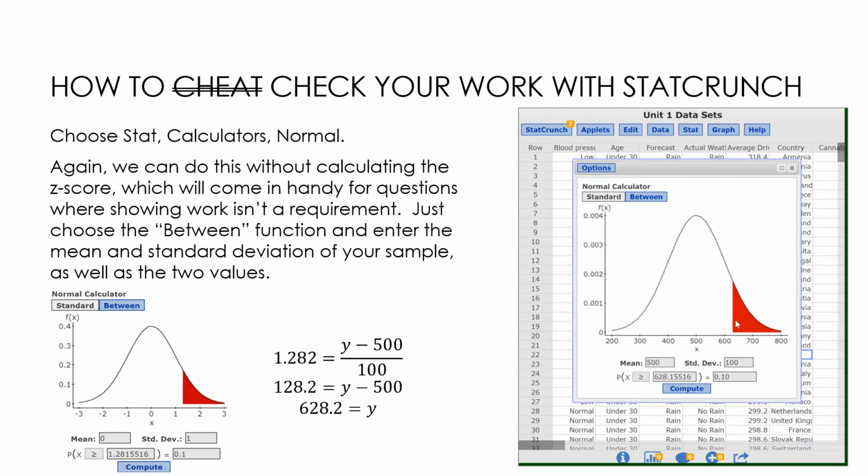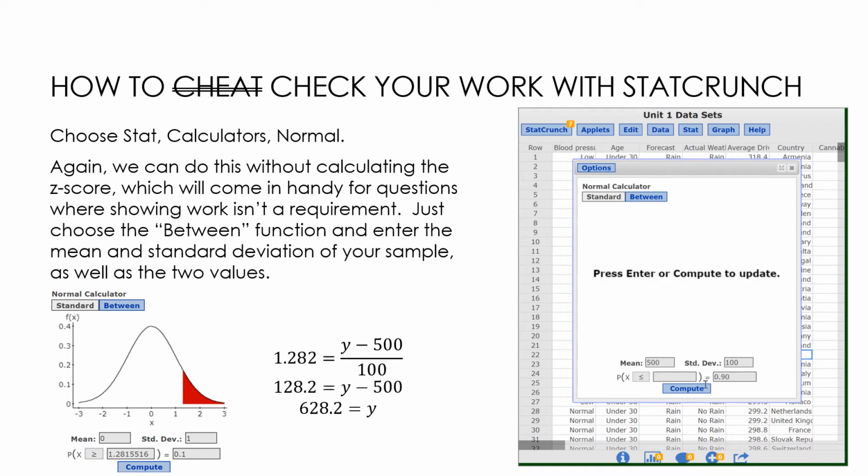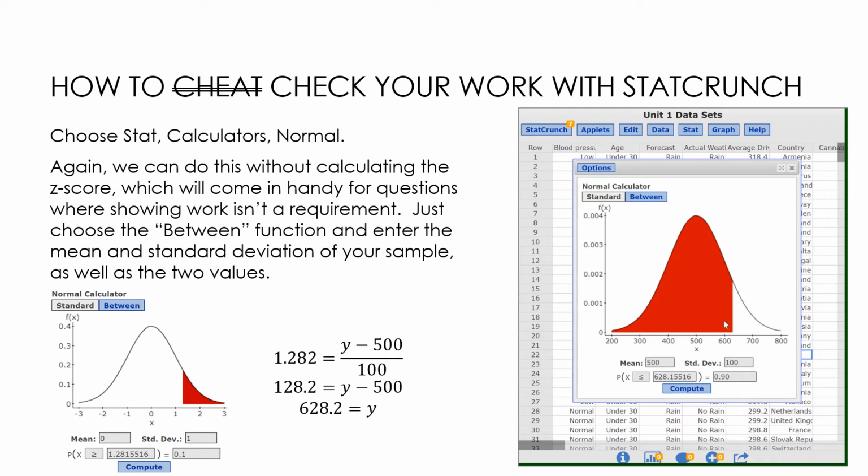So I want the top 10%. So the trickiest part here is making sure you choose the appropriate direction and the appropriate value. But notice what happened is I got a value of 628.15 or 628.2, which is what I calculated by hand. Fun fact, let's say I would have chosen this direction. I would have had to put 90% over here because that means 90% scored worse than that score, 10% scored better, but notice it's the same value of 628.15, etc.